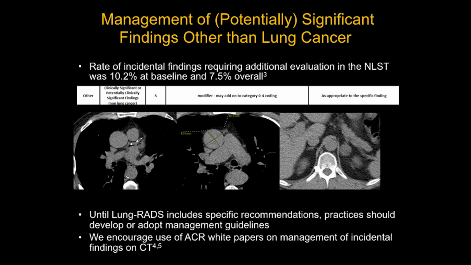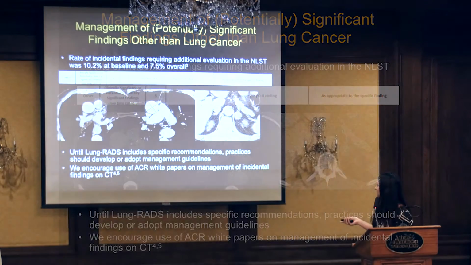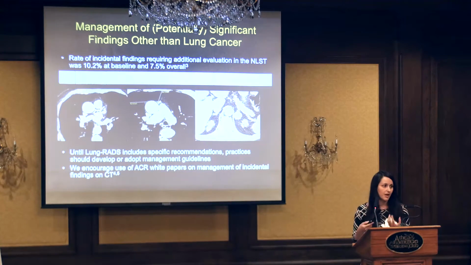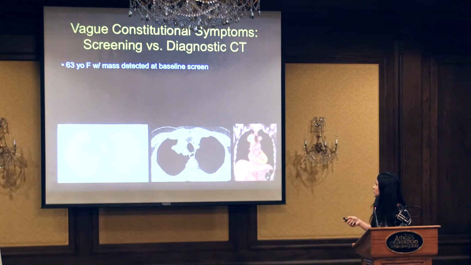For the moment, we recommend to use the ACR white papers that are out, because at least you have some sort of backup, and these were developed by experts, at least for the abdomen findings and the thyroid findings. And the calcium you can always put in your impression and give it a mild, moderate, severe sort of thing.